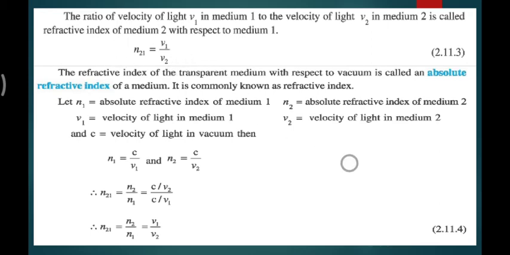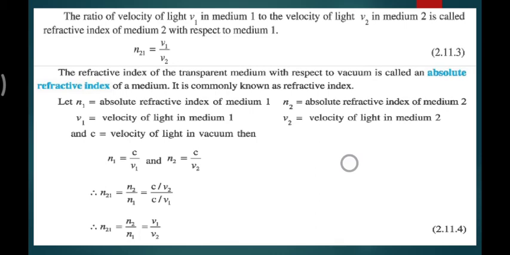Let me tell you why. Suppose your first medium is air, where v1 is the velocity of light, and the second medium is water. Air is a gas medium and water is a liquid medium, so it is a little denser. More density means the light slows down. Suppose v1 is 100 km per hour, for your example; then in water v2 should definitely be less than 100.